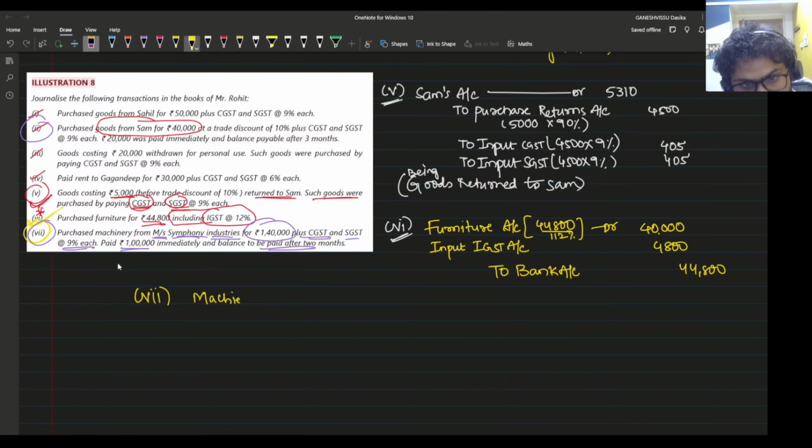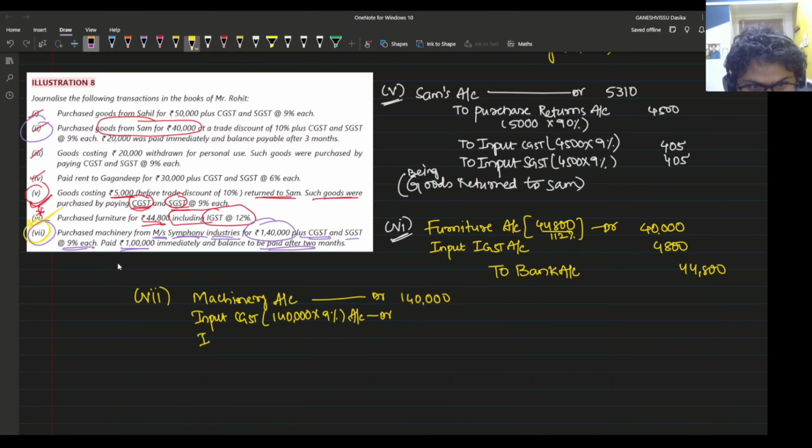So machinery account debit 1,40,000, input CGST 1,40,000 into 9% is the GST, account debit, again input SGST 1,40,000 into 9% account debit, to bank account.